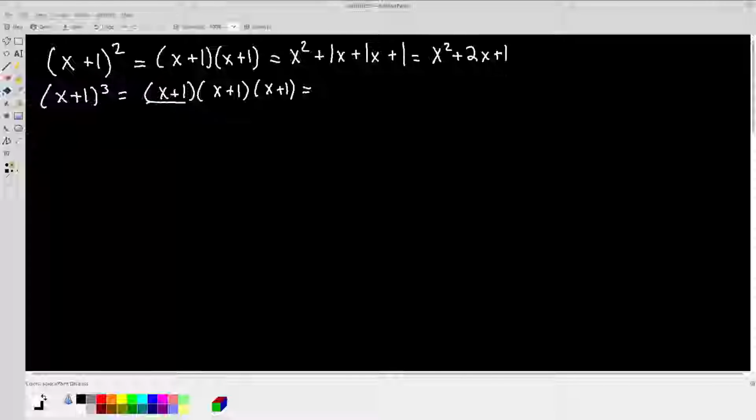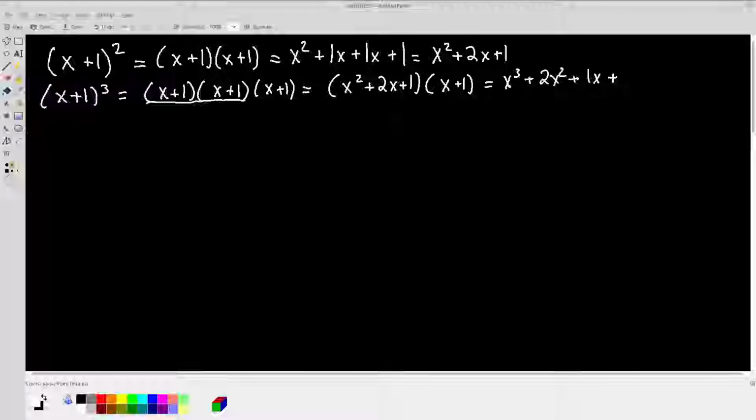Since we've already done the first two, you can re-record it down here: x squared plus 2x plus 1. Then you multiply it by x plus 1 to get the cubed. I don't mean to bore you, but you will have to FOIL once again. You get x cubed plus 2x squared plus 1x plus 1x squared.